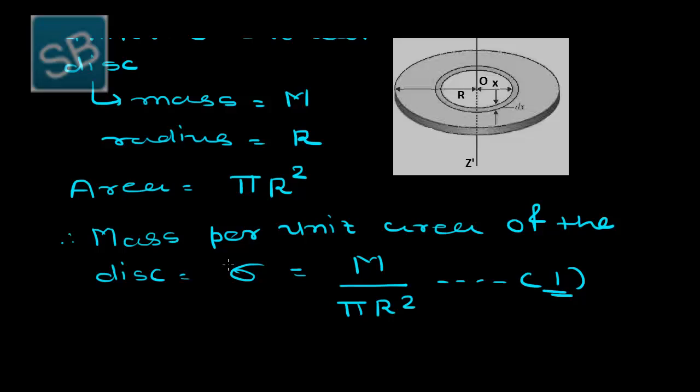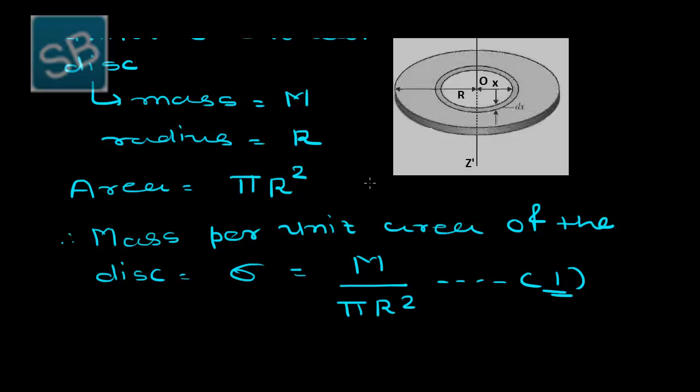Now consider that the disk consists of several rings inside it, as shown in the figure; this circular disk consists of smaller radius disks inside of it.